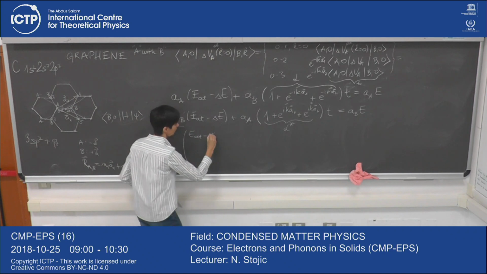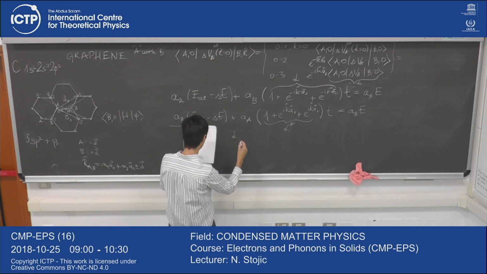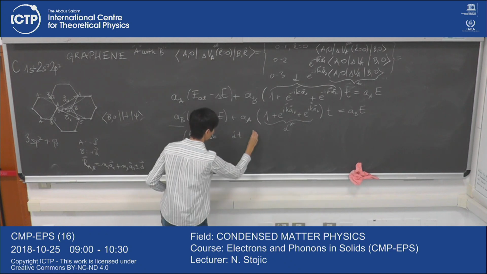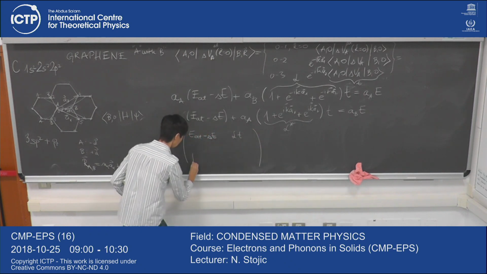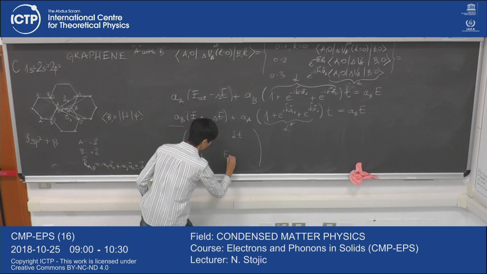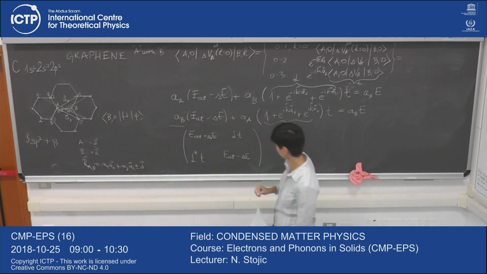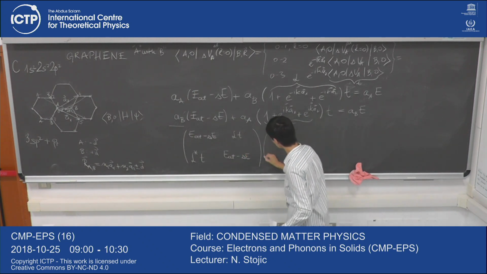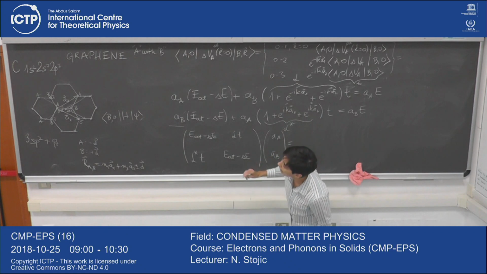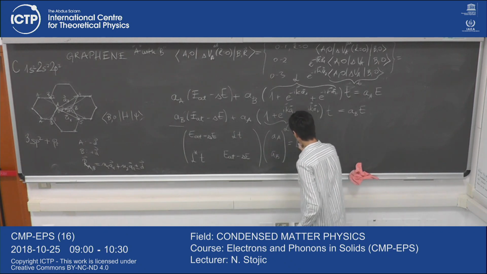Minus delta E, and here is alpha. Alpha T is alpha conjugate T, and E atomic minus delta E. Okay. This we call it E.